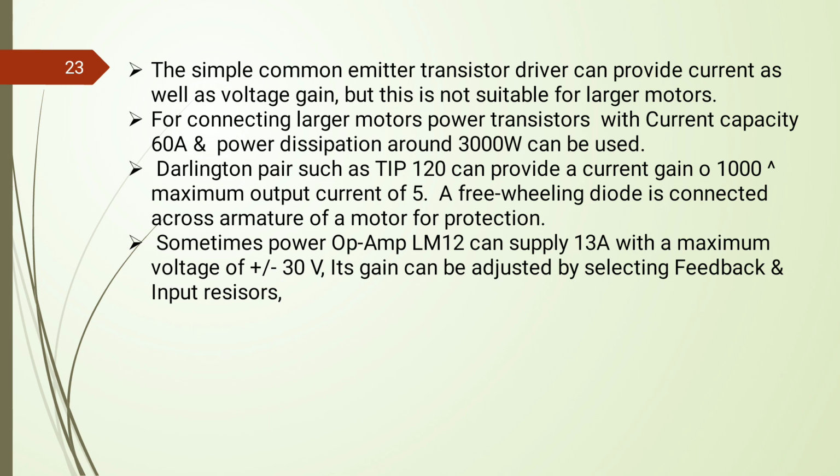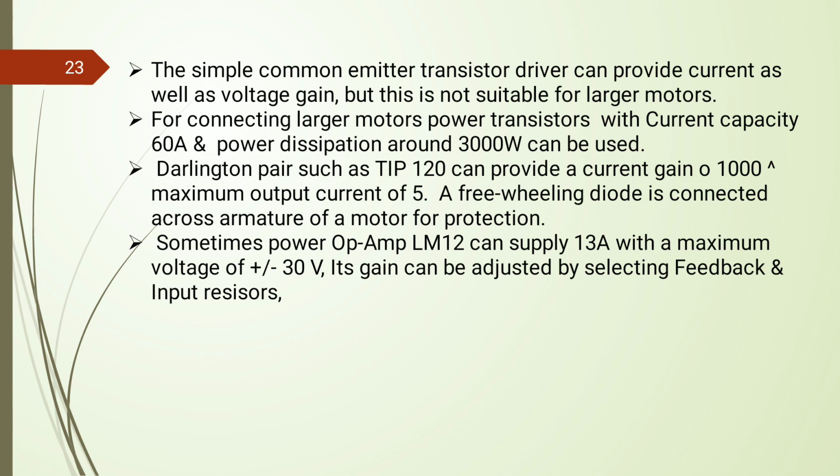So for that purpose a reverse connected diode is used for protection of the circuit from the back EMF generated by inductive types of loads. Another method, if we consider the power op amp, in that case the L12 can be used for delivering 13 ampere current with the voltage rating of plus or minus 30 volt, which is also useful for motor ratings up to 30 volt and current requirement of 13 ampere.